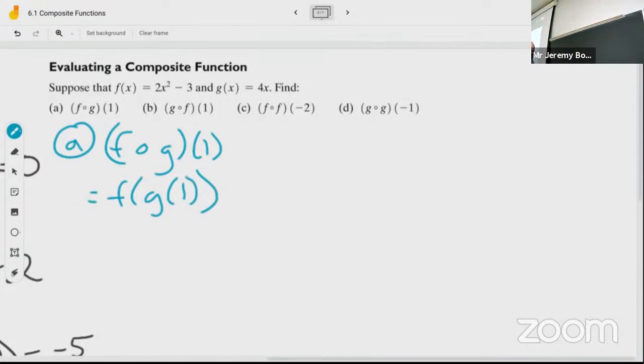What are we going to do first? We plug 1 into G. G of 1 is 4 times 1, which is 4.